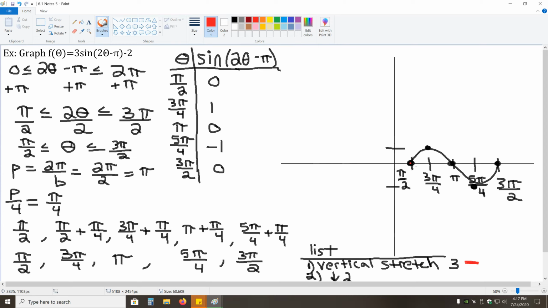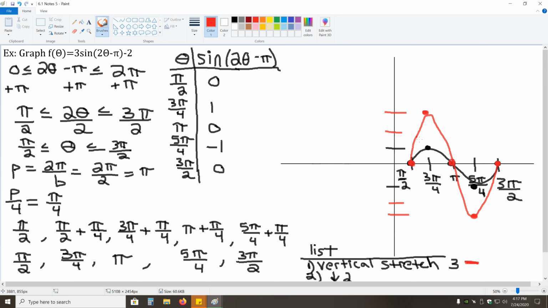So multiplying every y value by 3, 0 times 3 is still 0, 1 times 3 is 3, 0 times 3 is 0, negative 1 times 3 is negative 3, and 0 times 3 is 0 again. Connecting our dots, we get a shape like that.